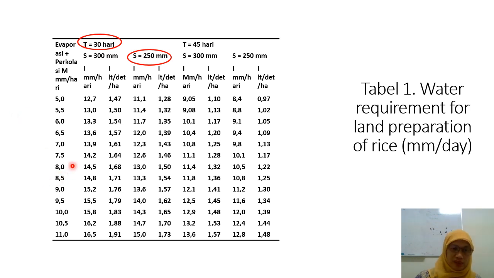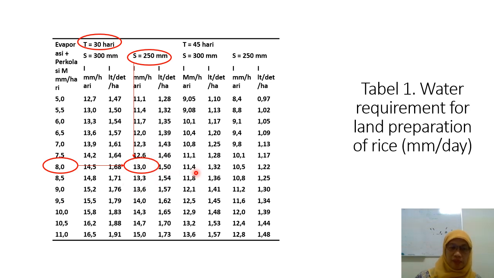We find actually 7.9, but we choose 8, the nearest number. So from these two pieces of information, we find that the irrigation requirement for land preparation is 13.